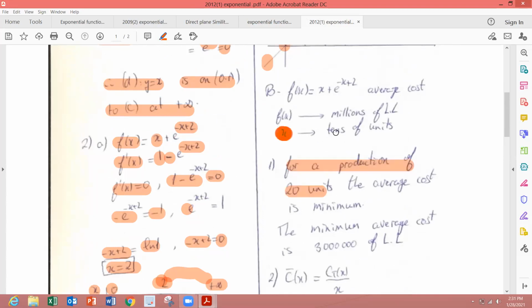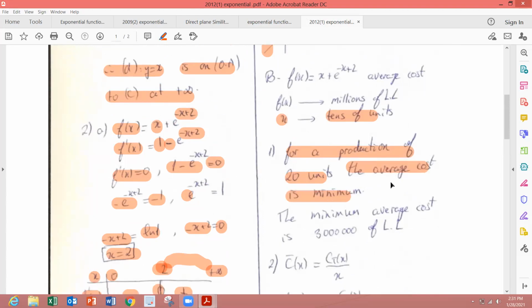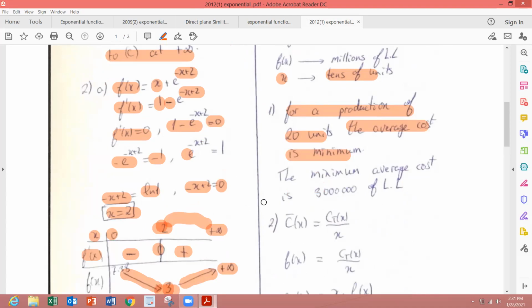Because x is in tens. For a production of 20 units, the average cost is minimum. The minimum average cost is 3 millions of Lebanese lira. So for a production of 20 units, the average cost is minimum, and the minimum average cost is 3 millions of Lebanese lira.